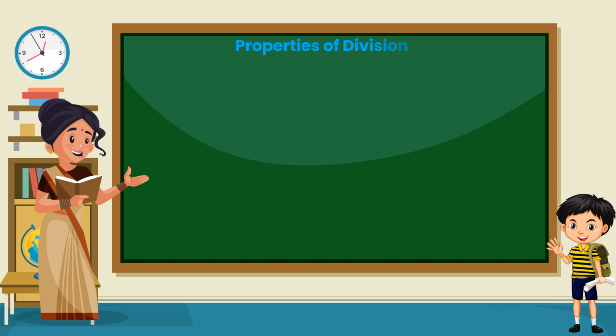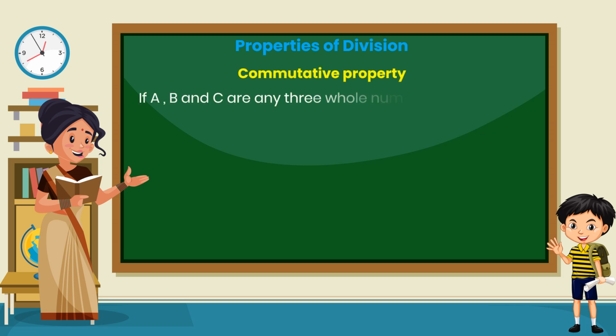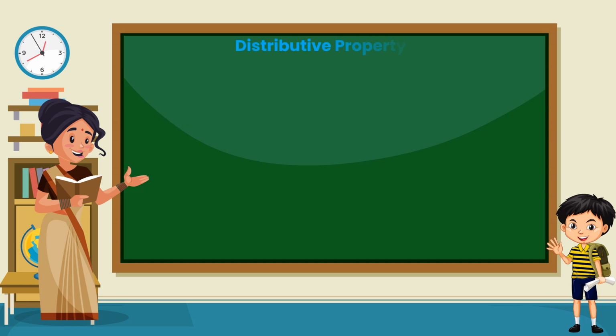Properties of division. Commutative property. If A, B and C are any three whole numbers, then A divided by B divided by C does not equal A divided by (B divided by C). Distributive property. Distributive property of multiplication over addition.